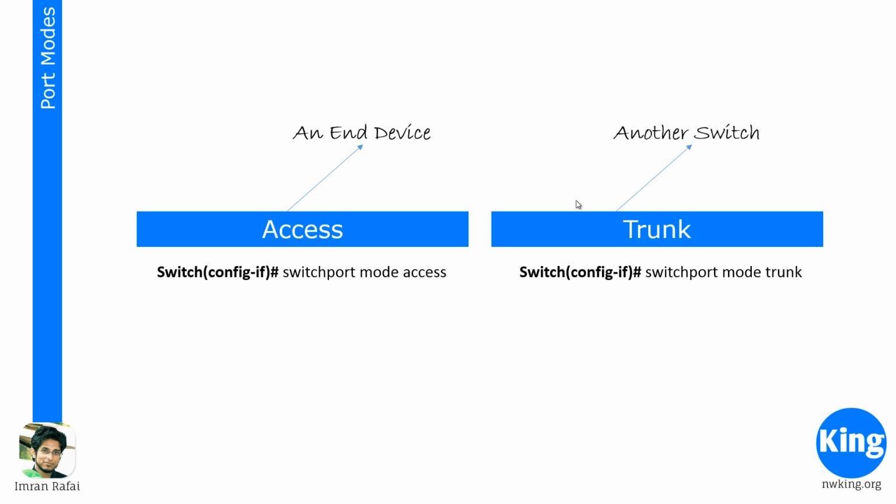These modes are for the particular port that we're talking about, right? So these are the two modes each switch port can be in. And just like the command for putting a port in access mode, the command to put a port in trunk mode is switchport mode trunk, right?